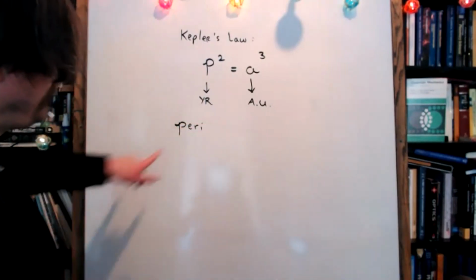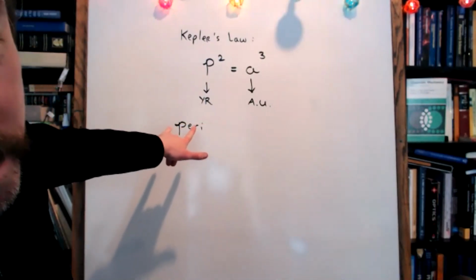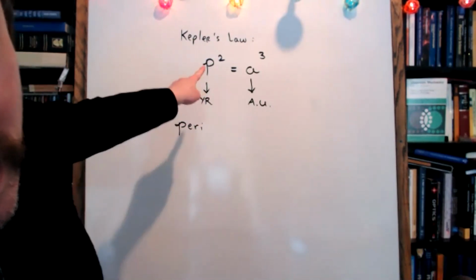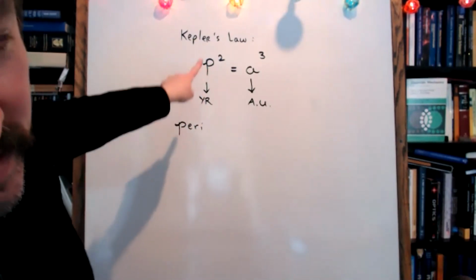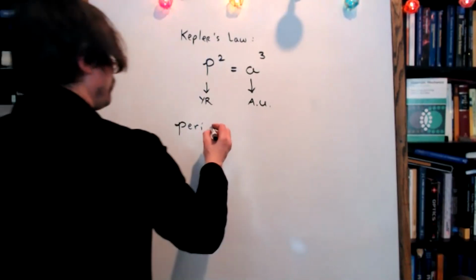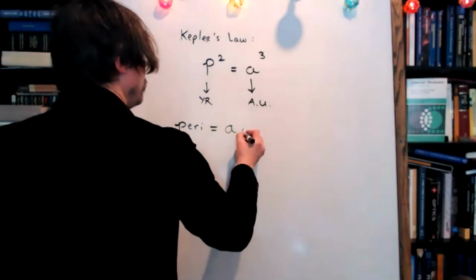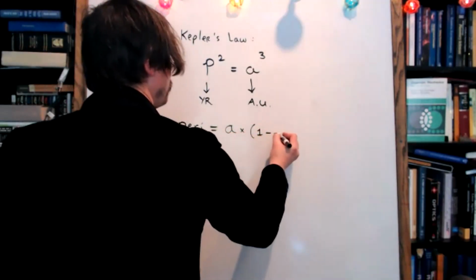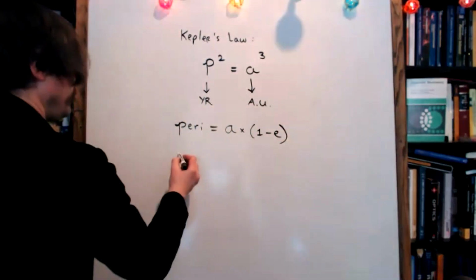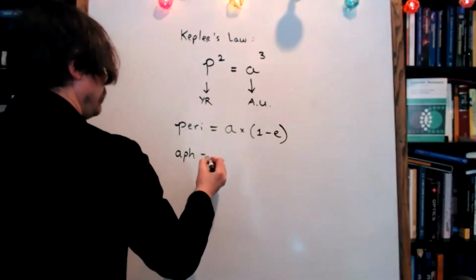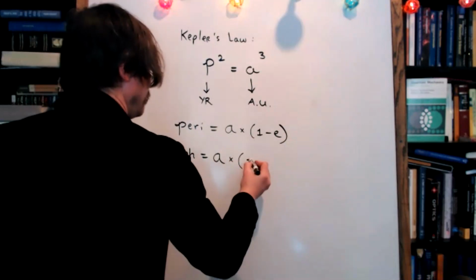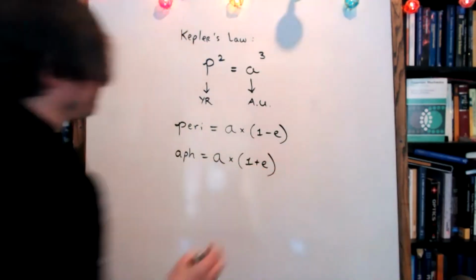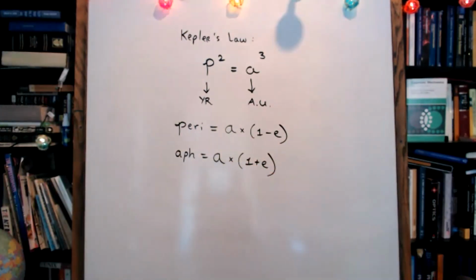When I calculate perihelion, I use peri as my variable. I don't want to call perihelion p because they'll get confused. So the perihelion distance is a times parentheses 1 minus e. The aphelion is a times parentheses 1 plus e.